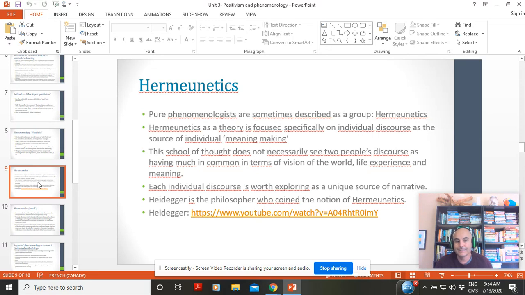So you're not even saying that that has relevance necessarily to others, but you're saying that that discourse, that subjectivity in itself is worth exploring because it opens certain windows for us to understand how the field works and what happens in our classroom. So it's not even necessary to have two people's discourse, one will be enough, and each individual discourse is worth exploring as a unique source of narrative.